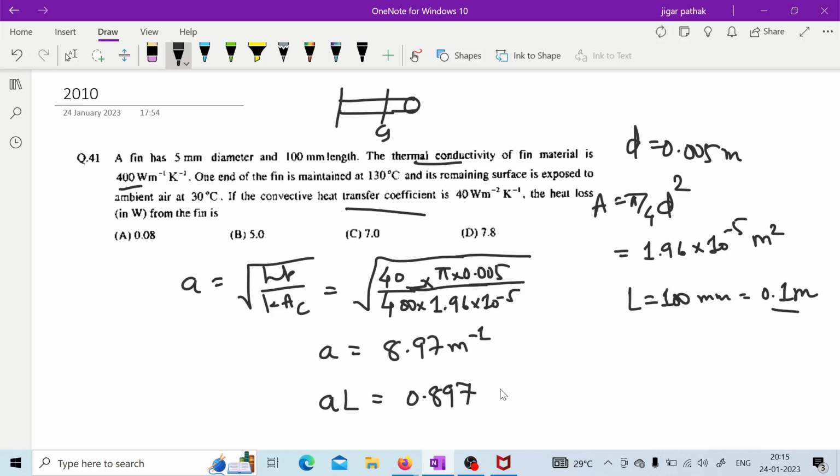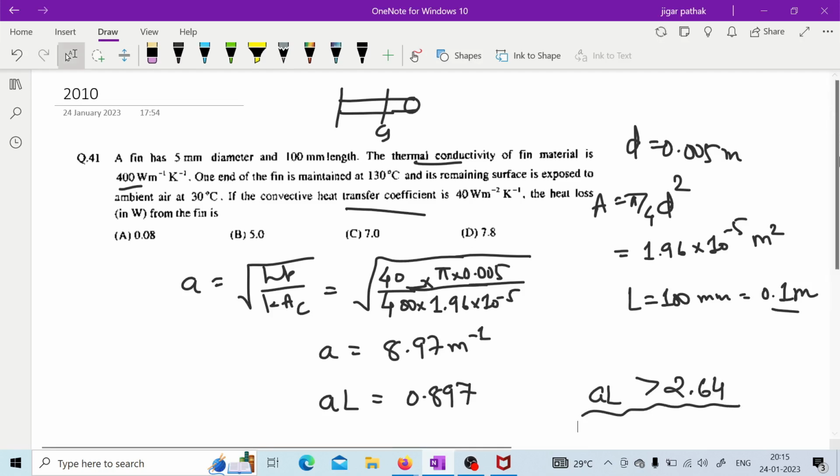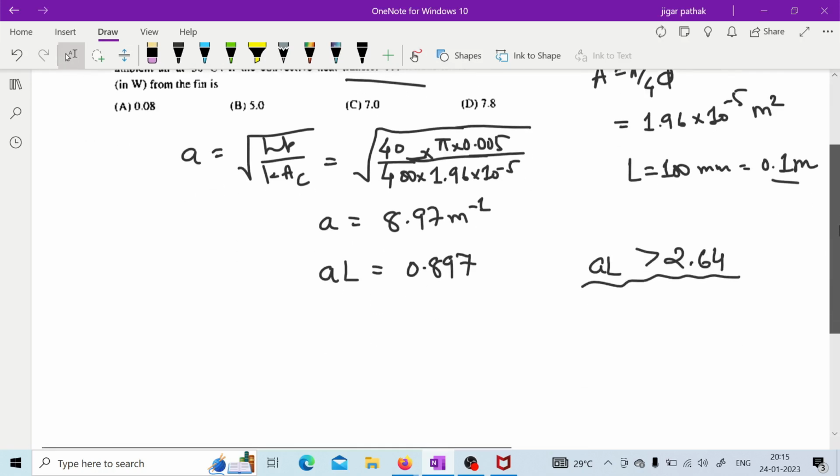Now this fin with an insulated tip we need to consider, right? Because for a long fin there is a condition that this mL must be greater than 2.64. This we have seen over there, right? This mL was coming 2.5 and so on, if you remember, right?